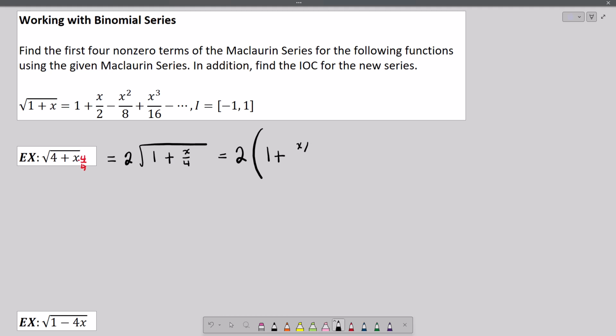So we have x divided by 4 in the numerator, divided by 2, minus x divided by 4 quantity squared divided by 8, plus x divided by 4 quantity cubed over 16, minus etc.